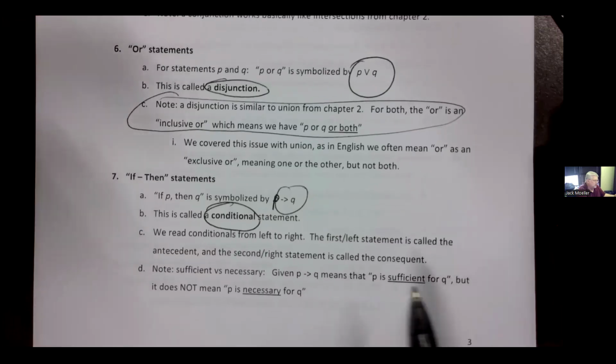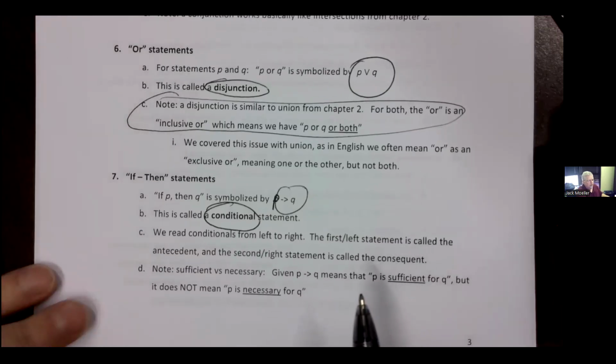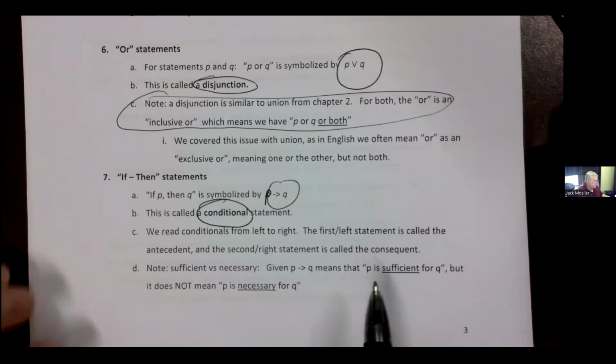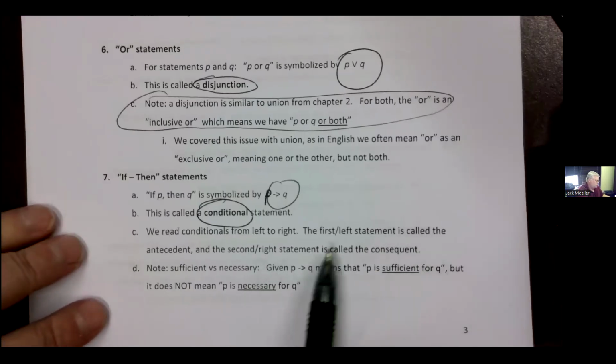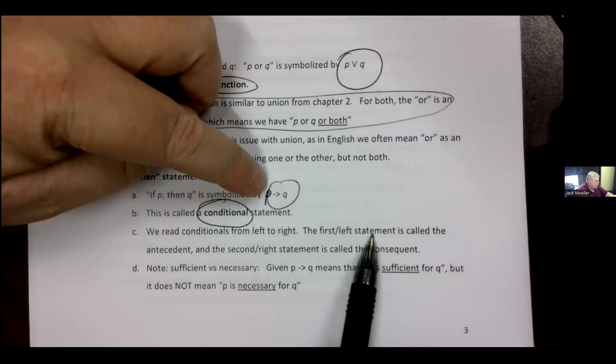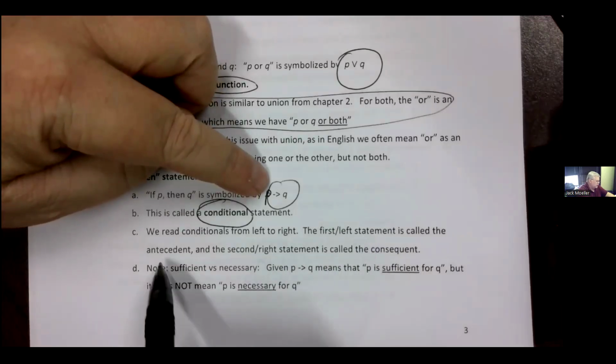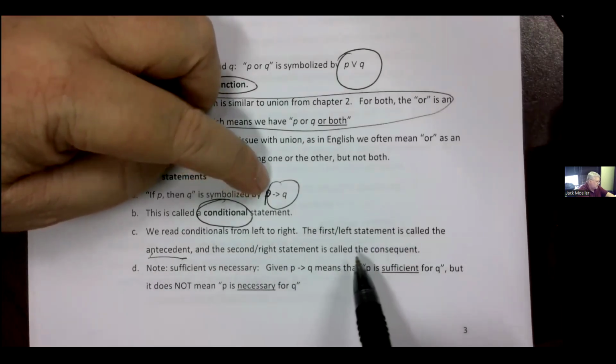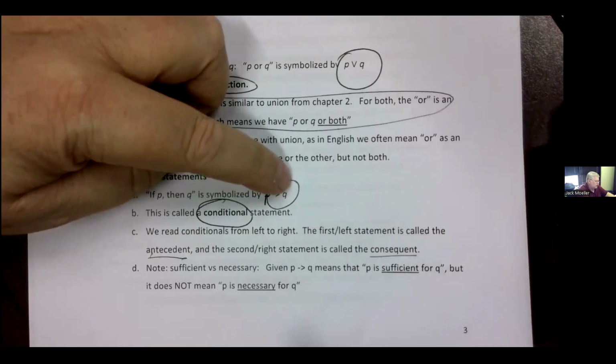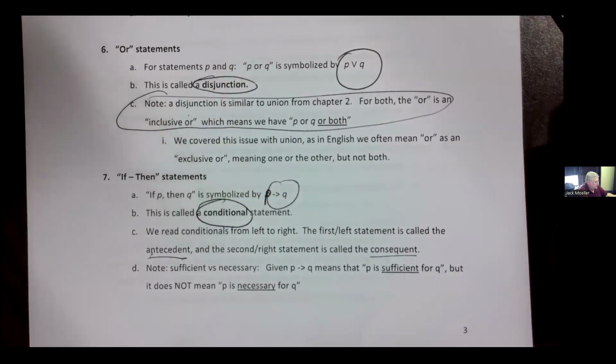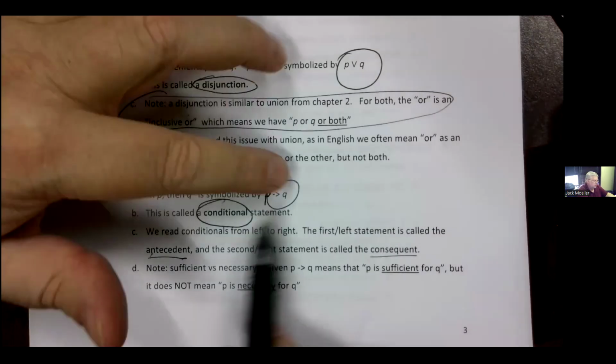Something else you might see, language-wise, I'm not really going to use these words much, but you may see them: the first statement, the one on the left, which we're labeling as P, is called the antecedent. The second statement on the right is called the consequent. Those are just fancy terms for our starting statement and our ending statement.